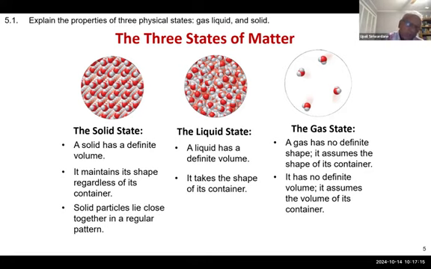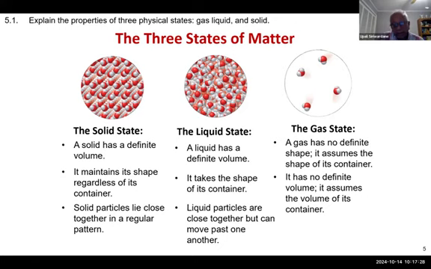Solid particles lie close together in a regular pattern. In a crystalline solid, you have regularly ordered water molecules. In liquid state, water particles are close but move past each other.